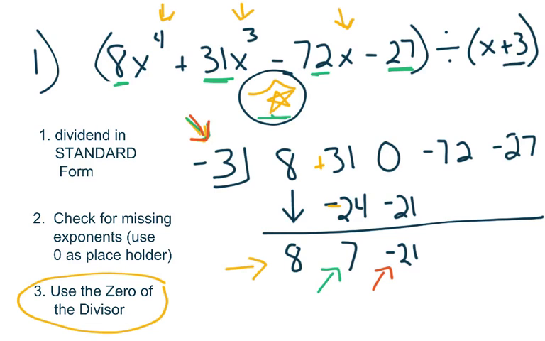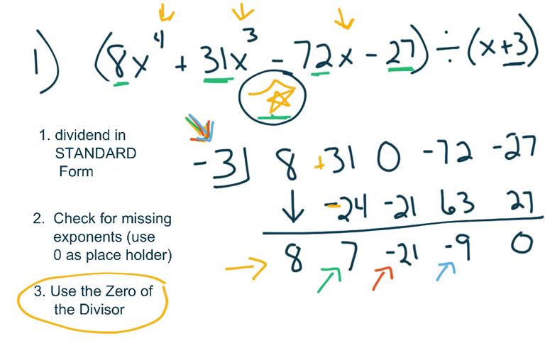That gives me a +63. So again, looking at this -72 and +63, I am doing -72 plus 63, which gives me a -9. And then I'm going to do -3 times negative 9, which gives me a positive 27. And negative 27 plus 27 gives me a 0.